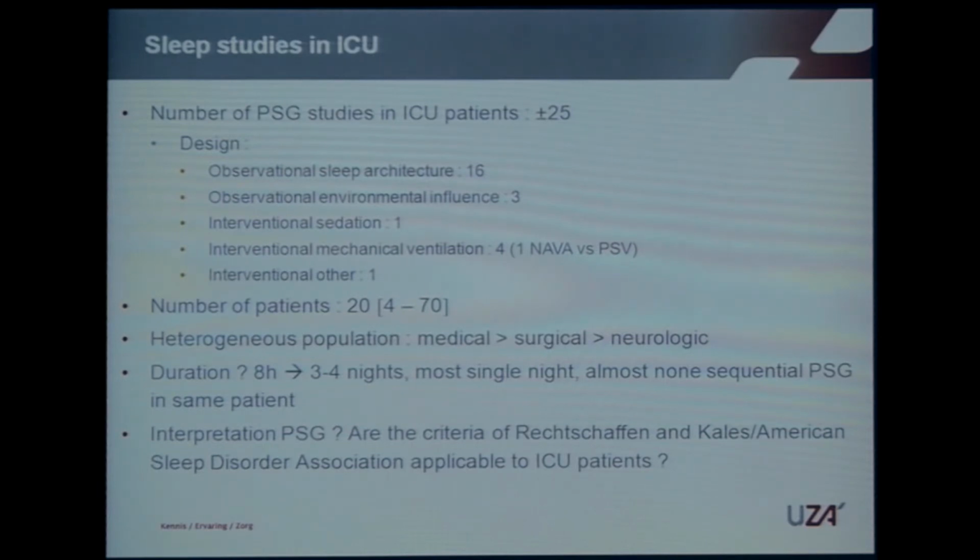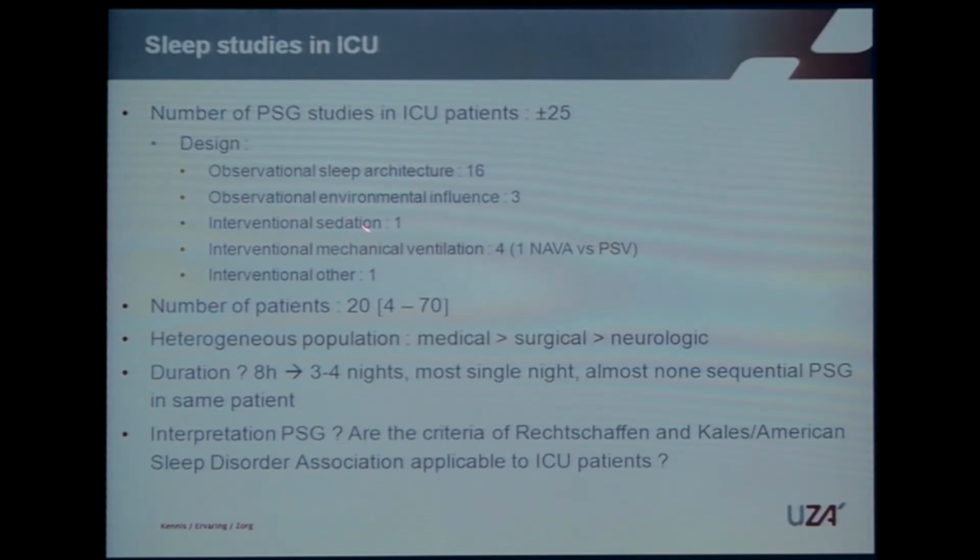Regarding sleep studies in real ICU patients, I think there must be about 25 studies. Mostly they are observational sleep architecture studies. A lot of these look at the environmental influence, mostly noise and light.